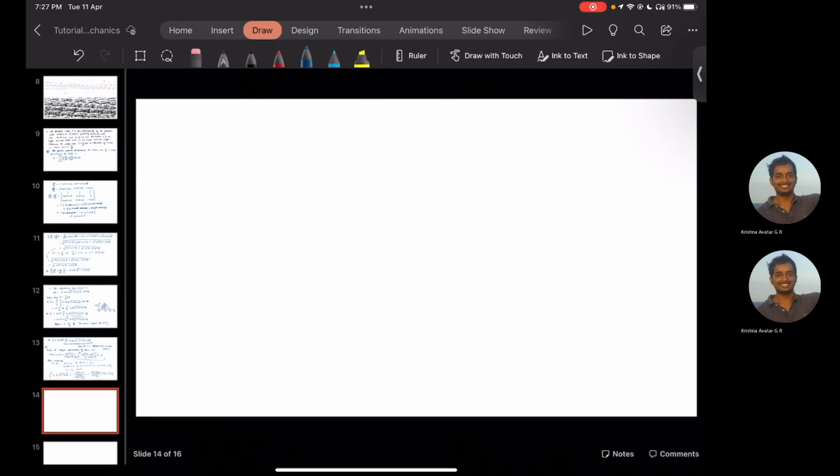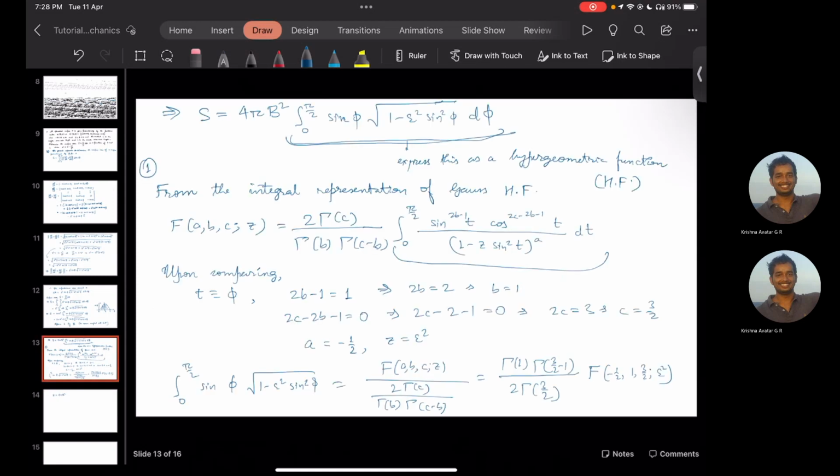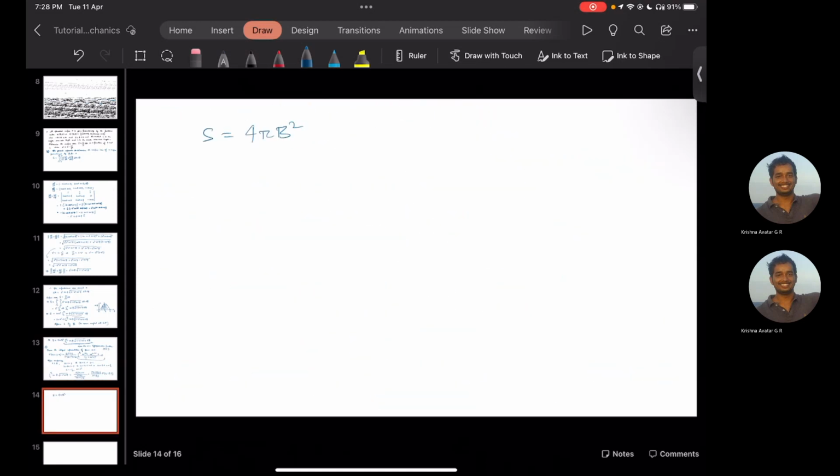Okay, so our total surface area S is equal to 4 pi capital B squared into gamma of 1 and gamma of half by gamma of 3 by 2 into gamma of 3 by 2, and F of minus half, 1 and 3 by 2, epsilon squared.